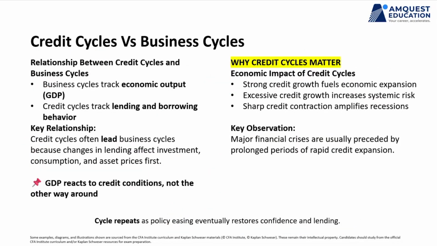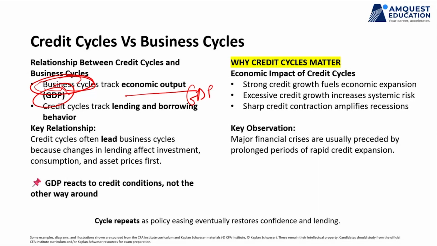Now, if you compare or superimpose the credit cycle with the business cycle, right? The business cycle is what? Activities, production, output and so on. Business cycle is all about GDP. This looks at what the GDP is, what the output is.